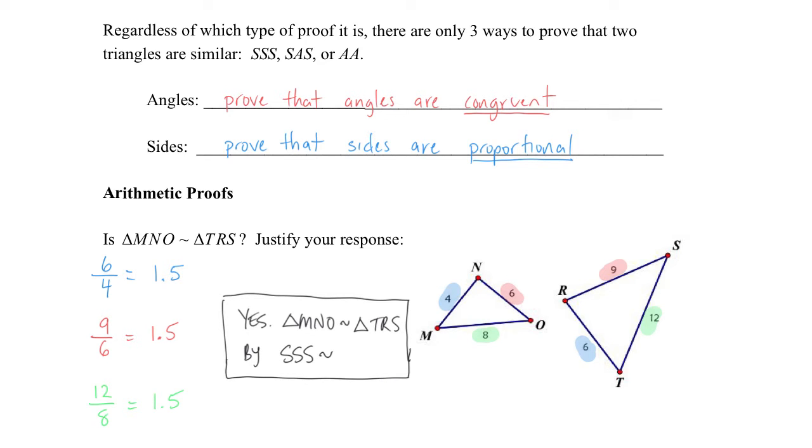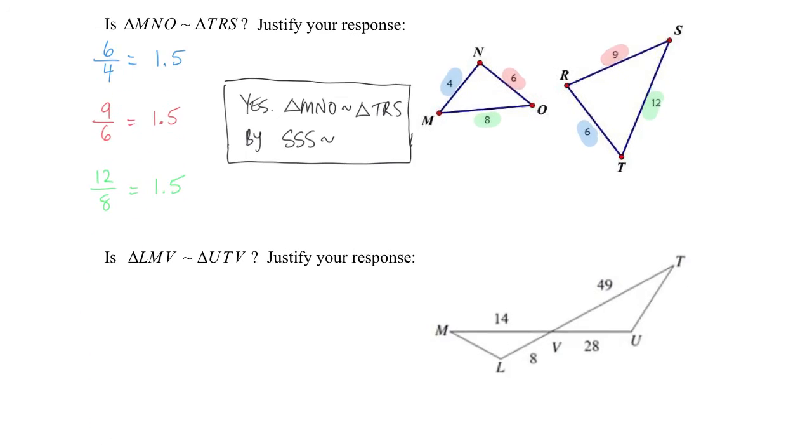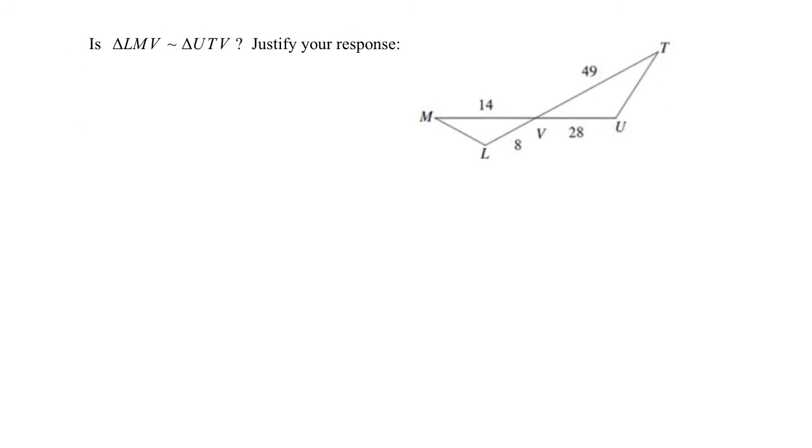All right, let's try one more. Let's check to see if these are similar. So first of all, let's note that we have vertical angles right there. So there's our angle. So this one is going to be side, angle, side. So let's identify our corresponding parts. I'm going to do smaller with smaller, and bigger with bigger.